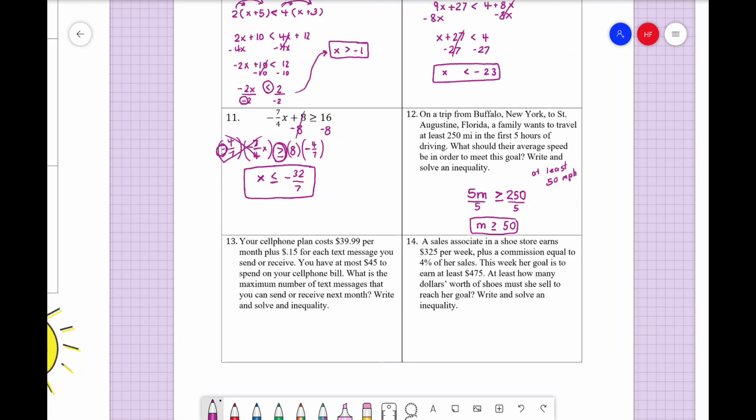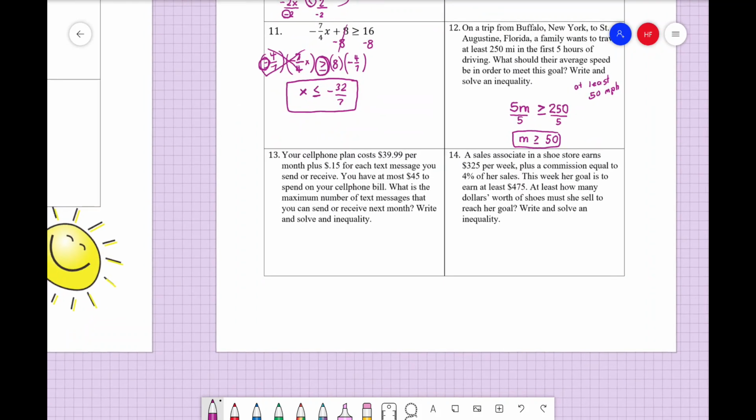Number 13 says your cell phone plan costs $39.99 per month plus 15 cents for each text message you send or receive. You have at most $45 to spend on your cell phone bill. What is the maximum number of text messages that you can send or receive next month?